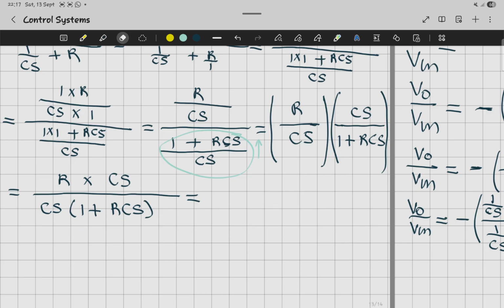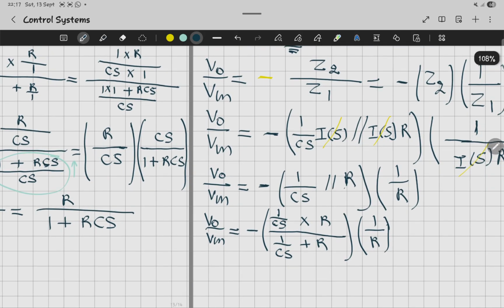So if you want to simplify this, then from here you can just cancel out these two. Then you will get something like this: R over 1 plus RCS.